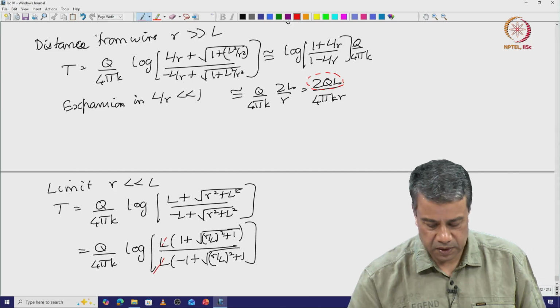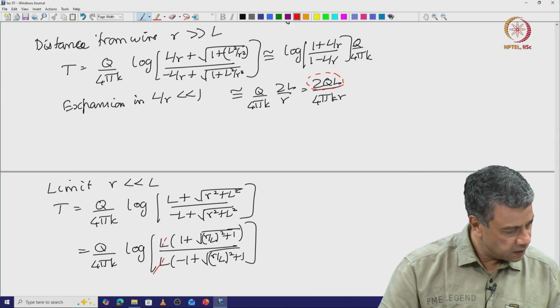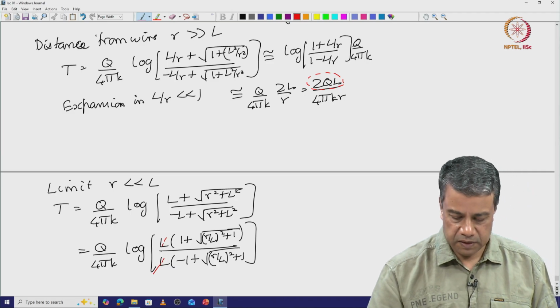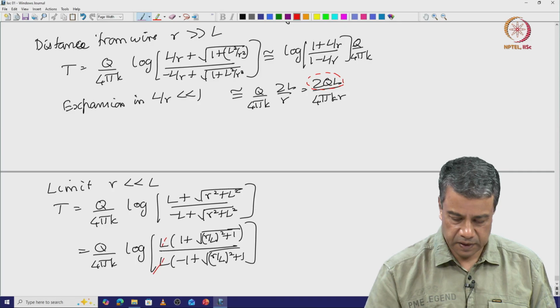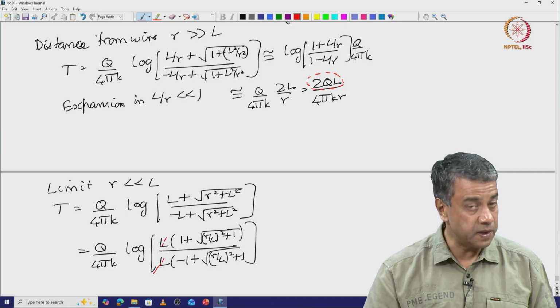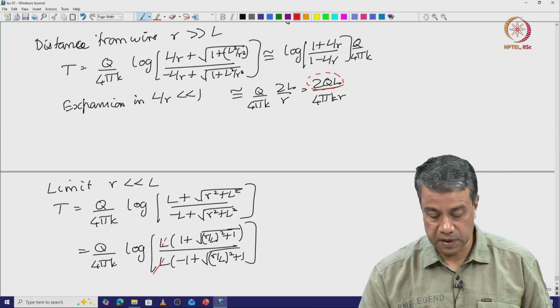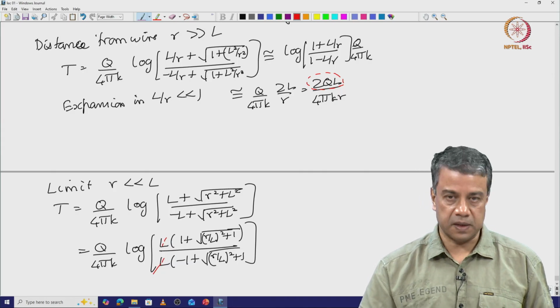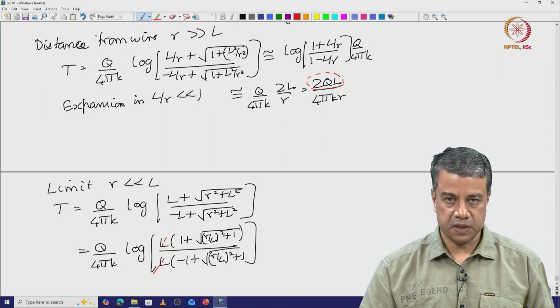If I take L out as a common factor, you can see in the numerator I just have a factor of 2 if r by L is small. Numerator I have a factor of 2. Denominator I do not have a factor of 2, I have 1 plus r by L the whole square, root of.